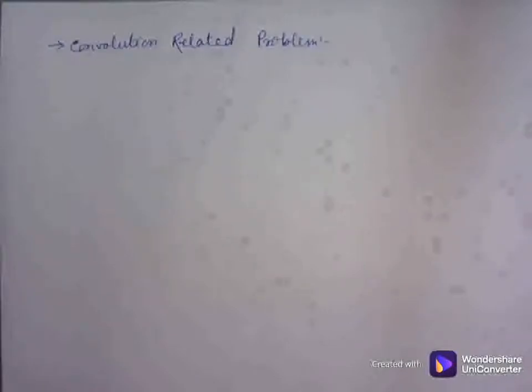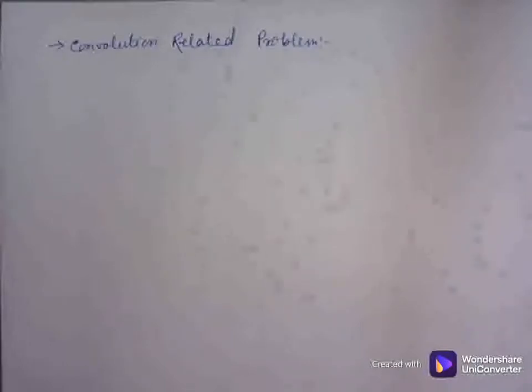So convolution is nothing but simply the composition of two signals. Two signals are given, you have to combine these two signals and find out the convolution. Or I can say, whenever I have to combine any kind of two signals, then I will use the convolution process.